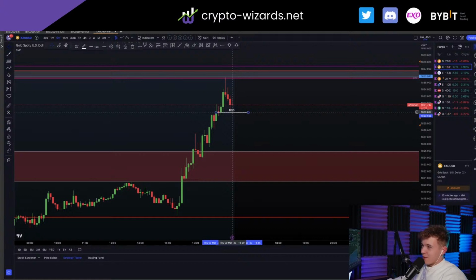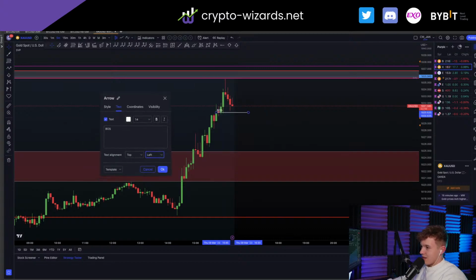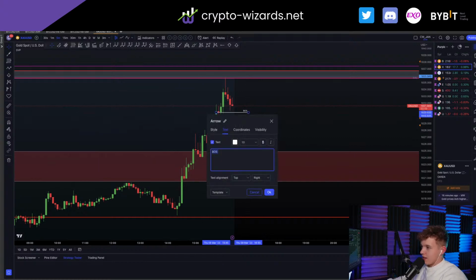I don't like the Crypto Wizards name anymore, to be honest, and I'll tell you why. I'm just changing the break of structure. This, yes, that looks nice.